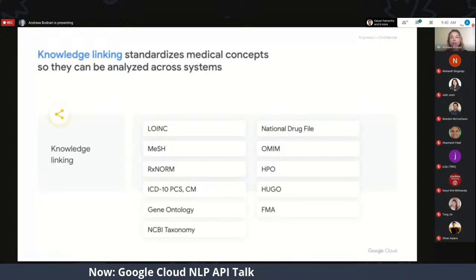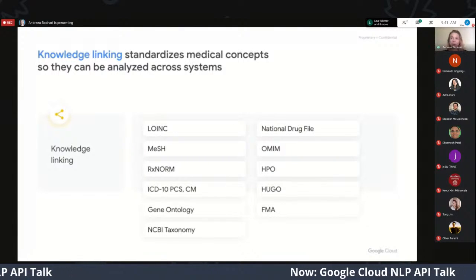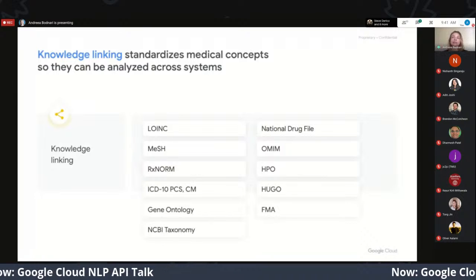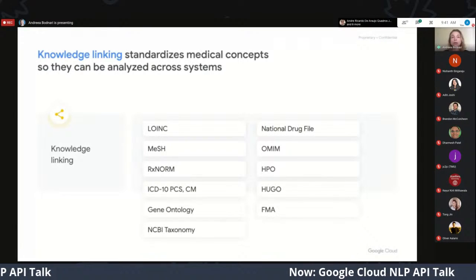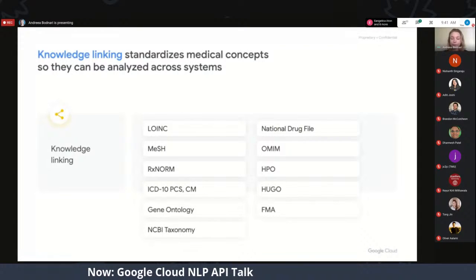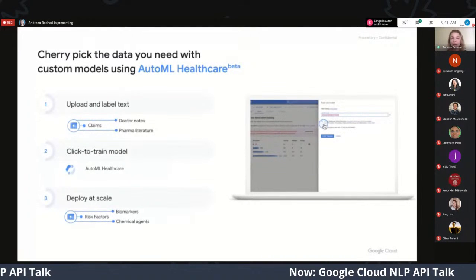Like there might be different ways to say that the patient has diabetes. So we take all of those diverse mentions of medical information and we standardize them against an entry in a medical dictionary like MeSH, RxNorm, or ICD-10. So these are the different functions that are performed by the Healthcare Natural Language API.